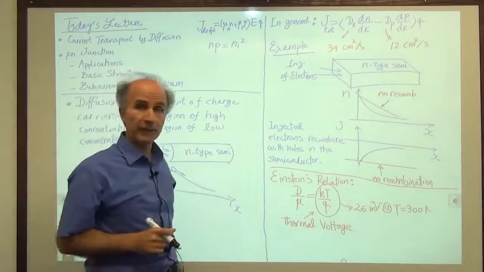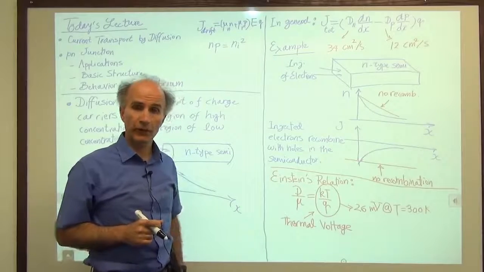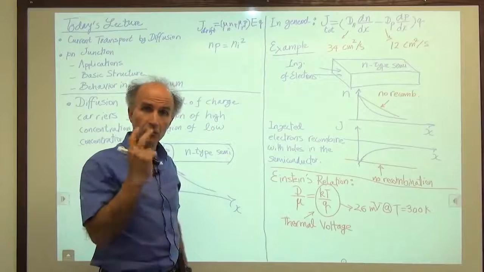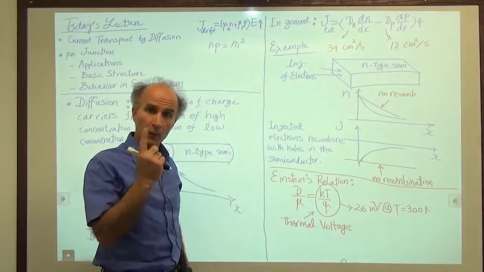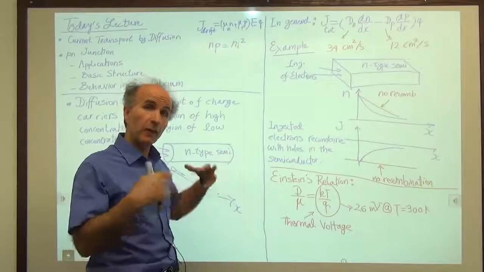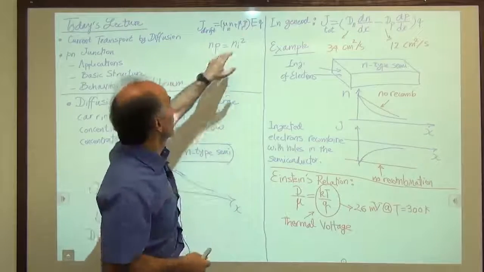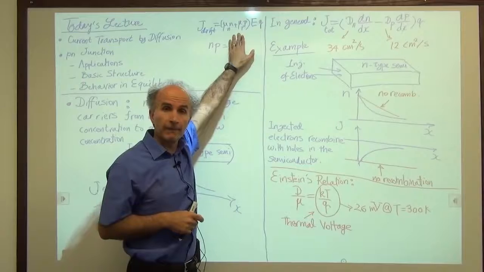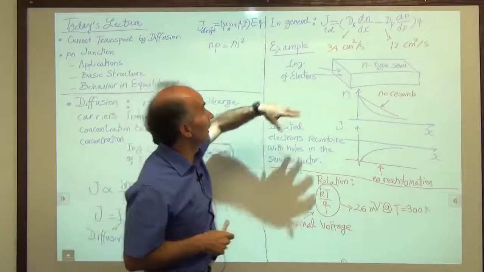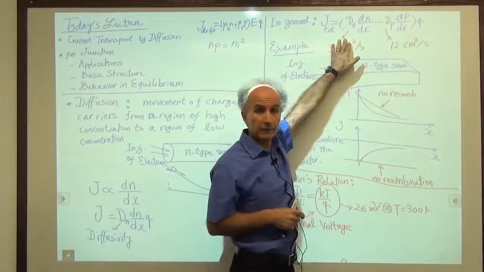This concludes our study of charge transport or current transport in semiconductors. In summary, we have seen two effects: drift when we have a voltage, an electric field, and in response to that electric field, we obtain this type of current. And when we have diffusion, we obtain this type of current.